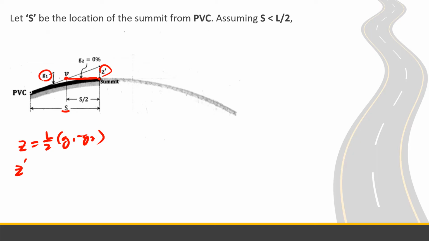Z prime equals S over 2 times G1 minus G2, where L here is S, and since G2 is 0, Z prime equals S multiplied by G1 over 2.